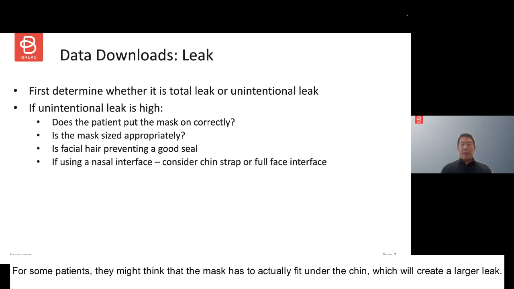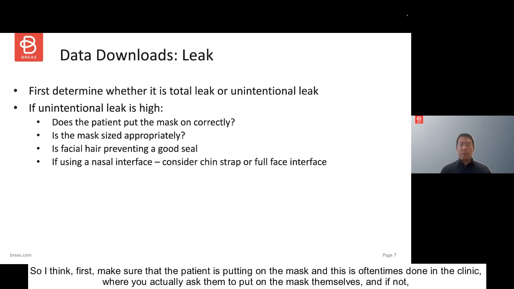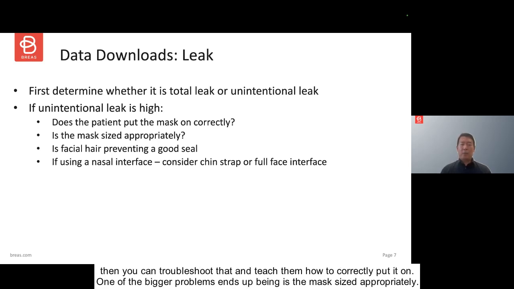For some patients, they might think that the mask has to actually fit under the chin, which will create a larger leak. So first, make sure that the patient is putting on the mask correctly, and this is oftentimes done in the clinic where you actually ask them to put on the mask themselves. And if not, then you can troubleshoot that and teach them how to correctly put it on.